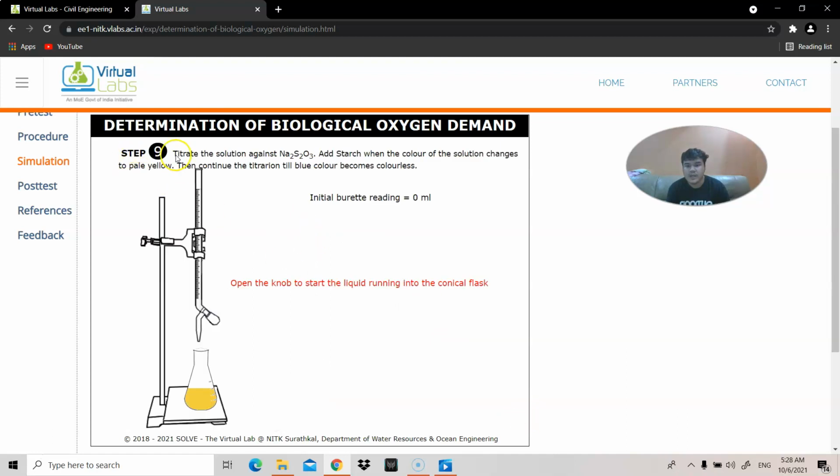Next, step 9. Titrate the solution against Na2S2O3. Add starch when the color of the solution changes to pale yellow. Then continue the titration till the blue color becomes colorless. So now, the initial burette reading is 0 ml.